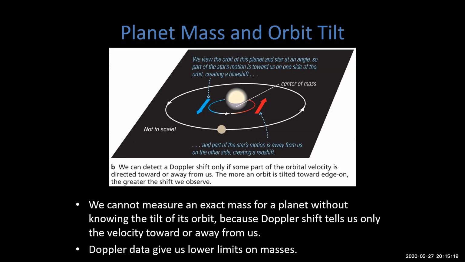We know it's at least so big, if not even much, much bigger. Because if it's not directly in line with us, to have the same effect, it would need to be a much, much bigger planet, because it would be further than we had actually anticipated based on our calculations.